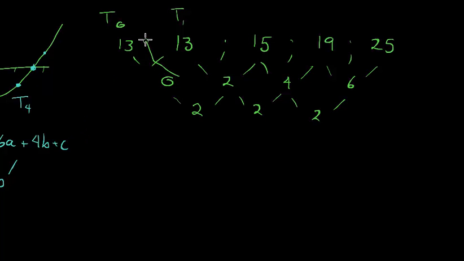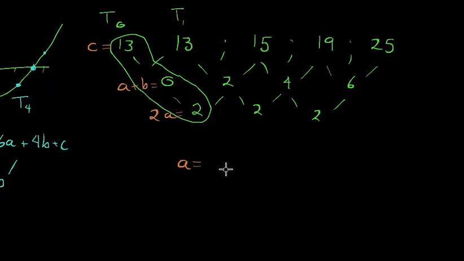If I now use this, I've got a much easier set of equations. C is equal to 13. A plus B is equal to 0. 2A is equal to 2. So A is equal to what? No man, C is equal to 13. A is equal to?